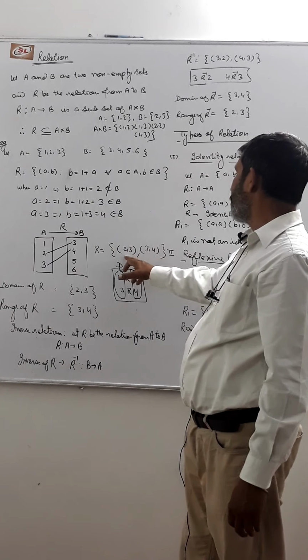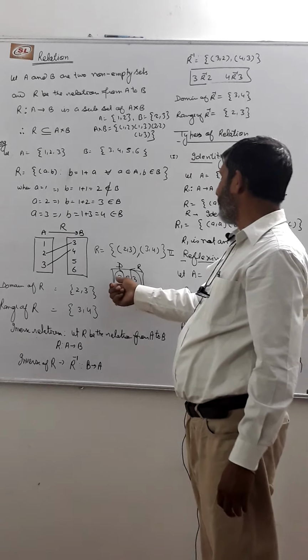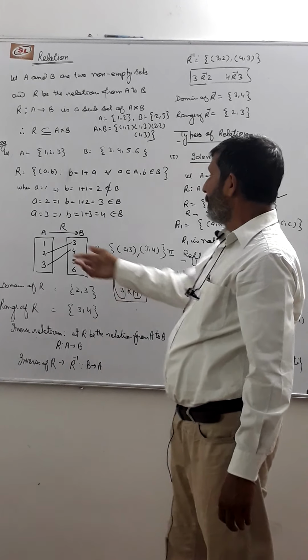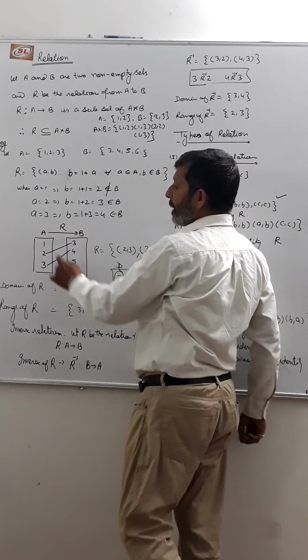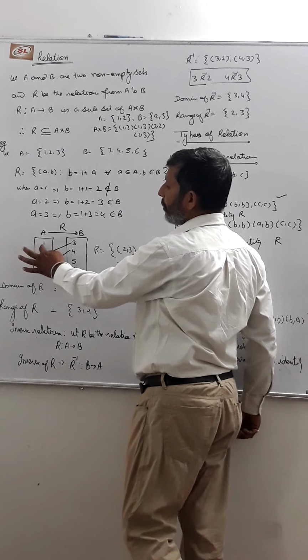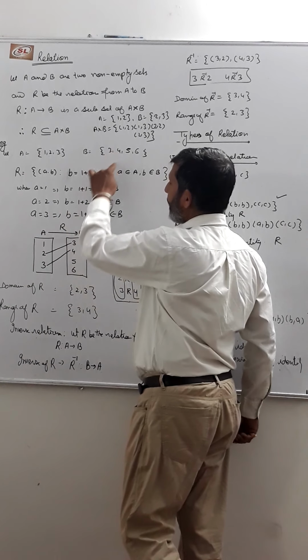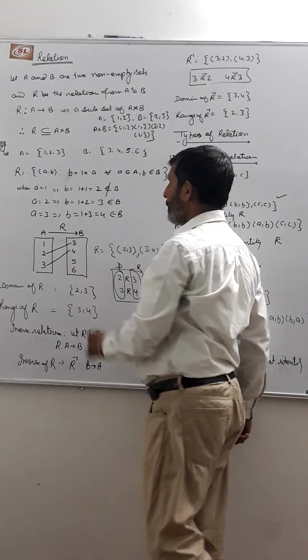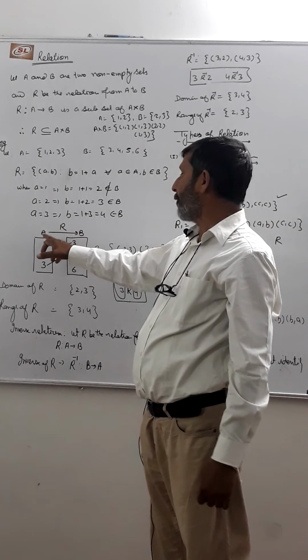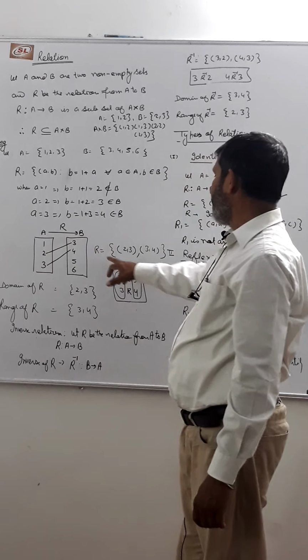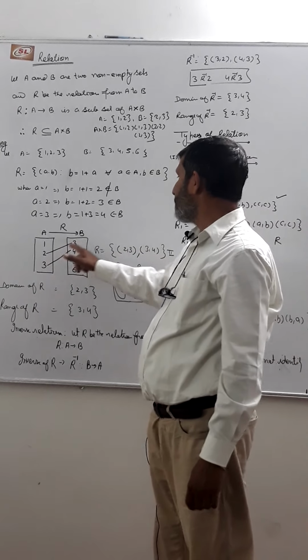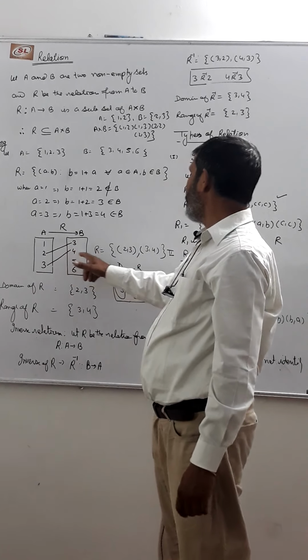Using the arrow diagram, set A has elements 1, 2, 3 and set B has elements 3, 4, 5 and 6, and R is the relation from A to B defined by this: 2 is related to 3 and 3 is related to 4.